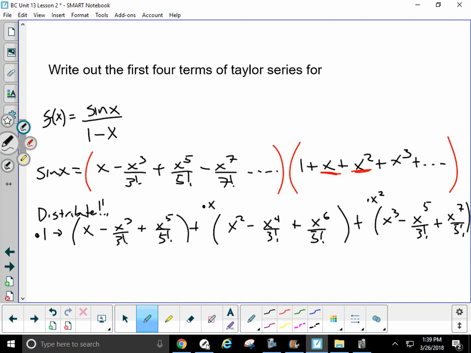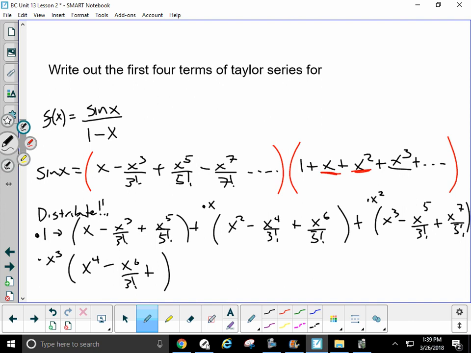Can I get another x to the 4th? There, x cubed. I multiply the x cubes, I have x cubed times x, and that's x to the 4th, minus the x cubed times the negative x cubed over 3 factorial would be x to the 6th over 3 factorial. Okay, I'm just going to stop there.